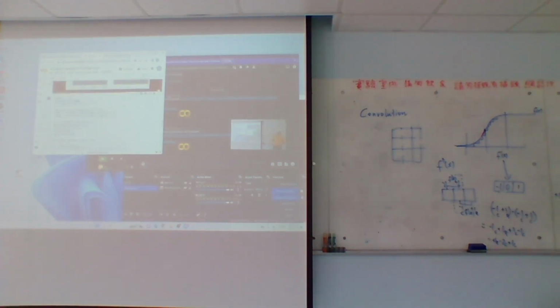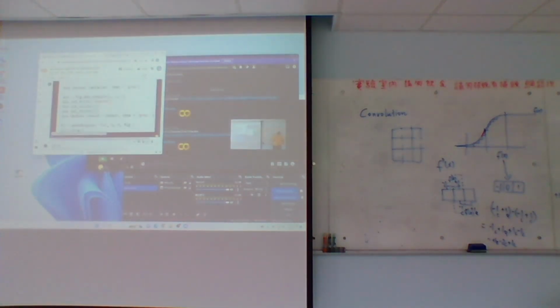And I can zoom in on parts of the image. And we can see the difference.